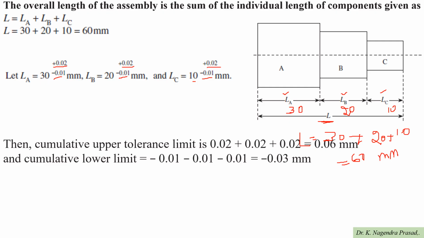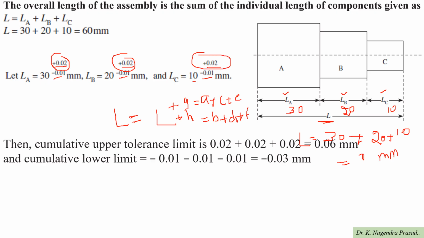Let's consider its tolerance zone is plus G and minus H. G will become, as previously discussed, A plus C plus E, and H equals B plus D plus F, which means the cumulative upper tolerance will be the sum of the upper tolerances for the individual lengths, that is 0.02 plus 0.02 plus 0.02, which will become 0.06 mm.